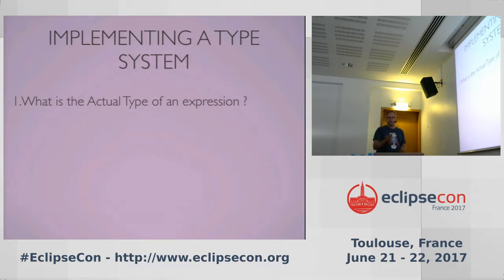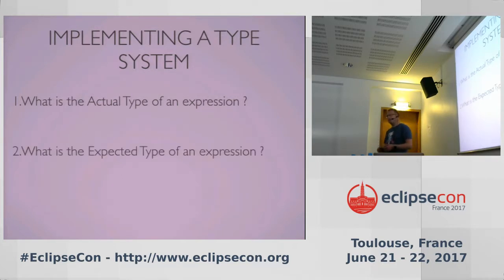What is the actual type? The second question that you have to answer is, what is the expected type for that expression? So, for example, for a variable assignment, you expect that the expression is of the type that the variable is of. So that's the expected type.